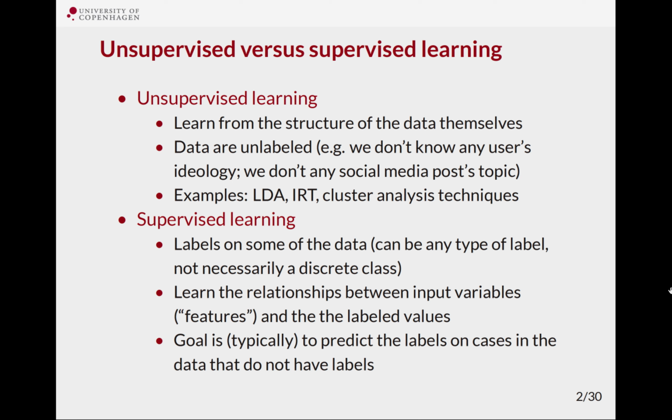Say we have 10 million tweets, and we have labels for the topics for maybe 10,000 of them. We want to fit a model to those 10,000 tweets, and then use that model to predict what the labels are for the other 10 million tweets.